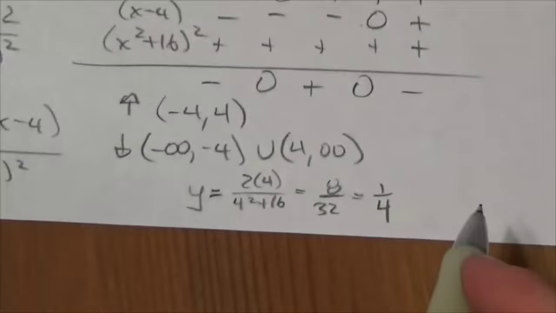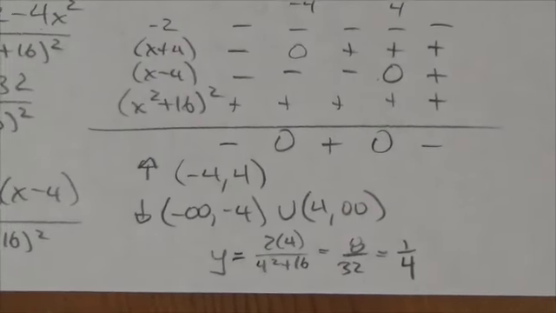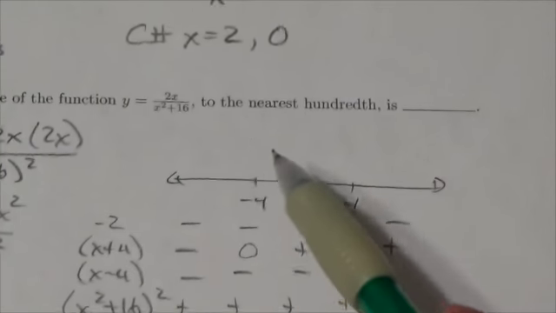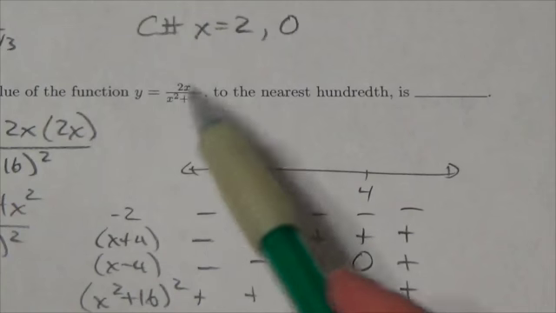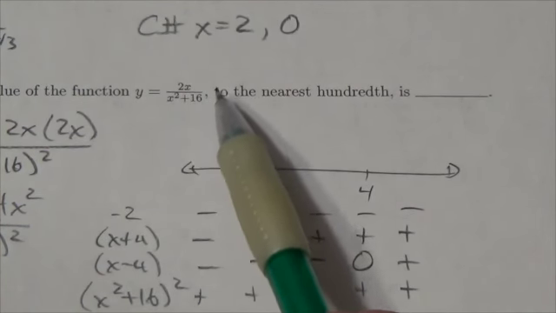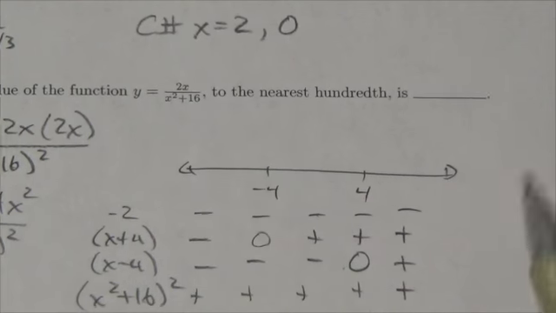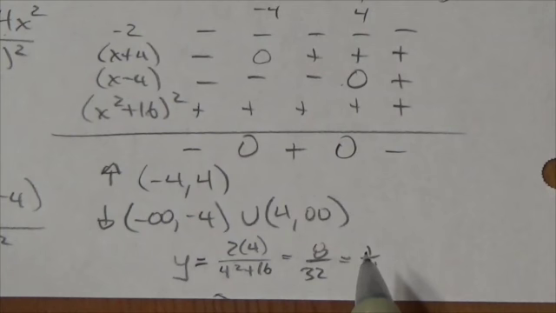Now, it says absolute here. We got to think about that. What exactly is going on here? Well, okay, we've seen enough calculus now to know that this thing here has an asymptote, a horizontal asymptote at 0.